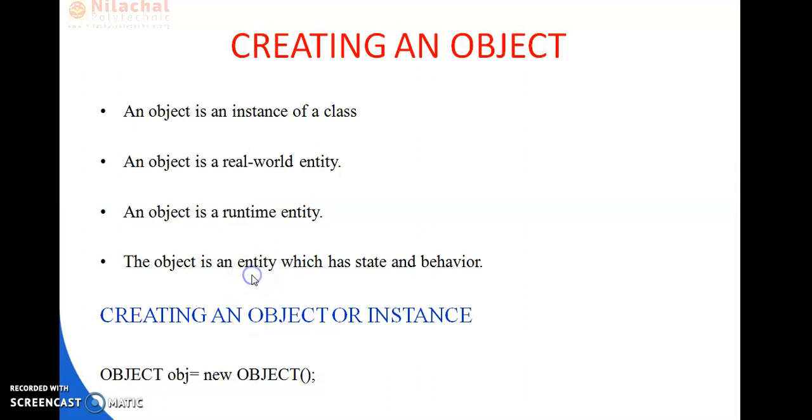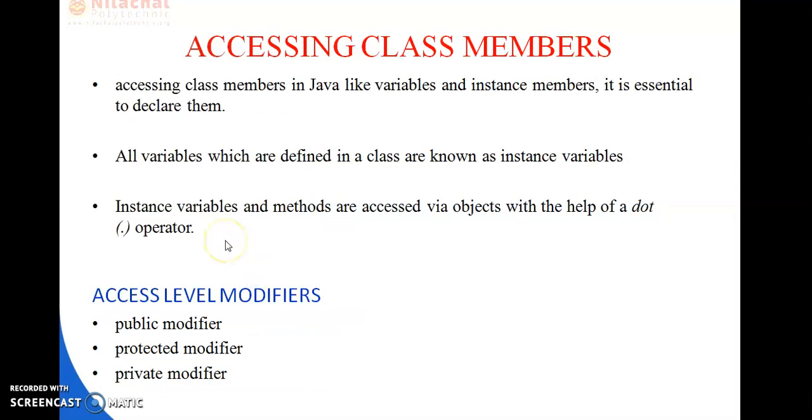Next, we will discuss accessing class members. What are the class members and what are the different types of variables used? To access class members in Java, like variables and instance members, it is essential to declare them first.